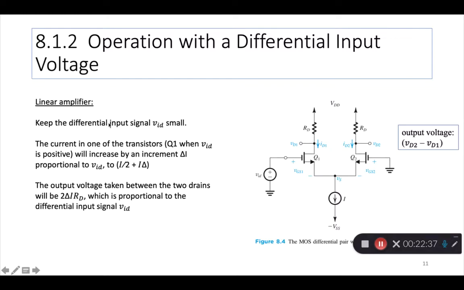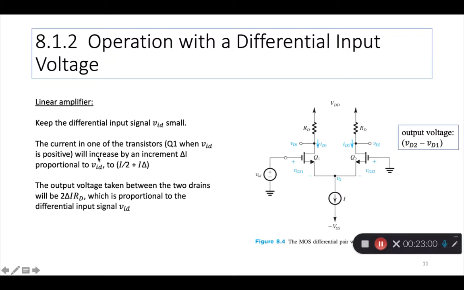So if the differential input signal VID is small, that's an important requirement, then the current in one of the transistors, let's say Q1, when VID is positive, we know that more of the current flows here.